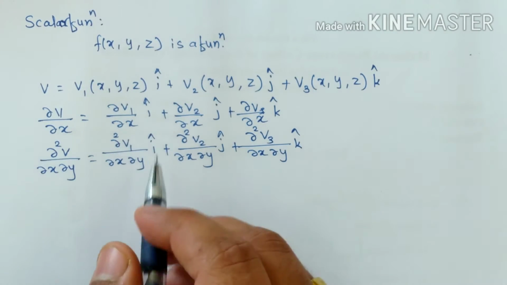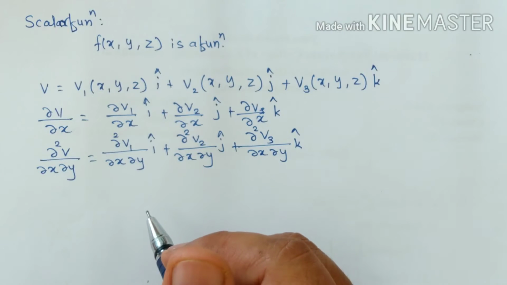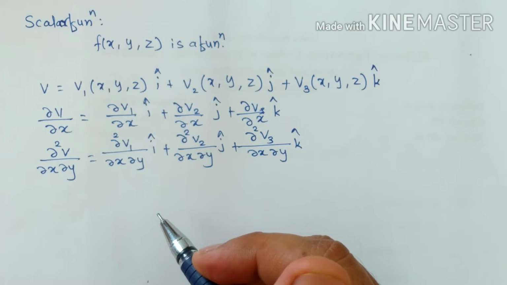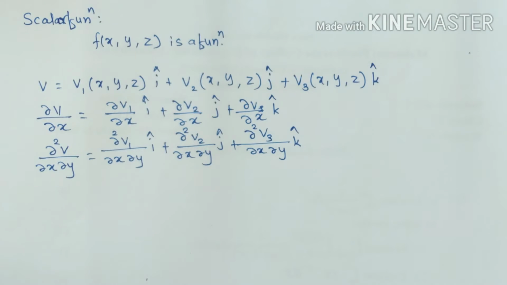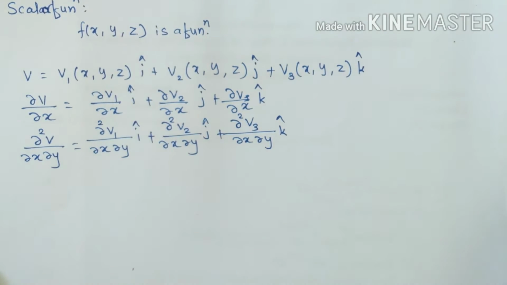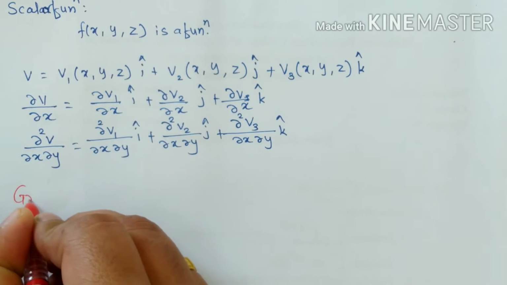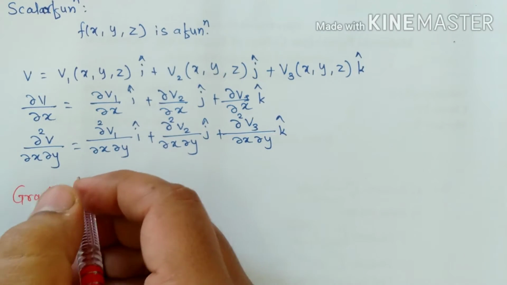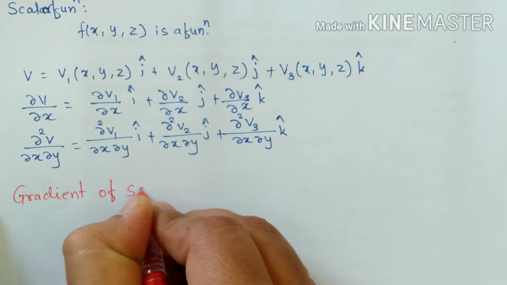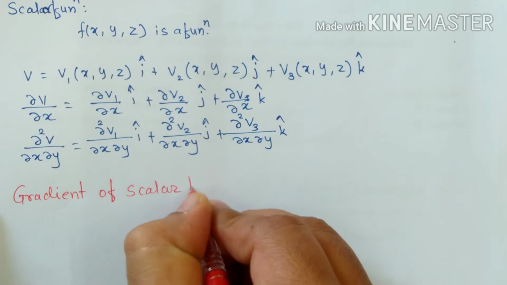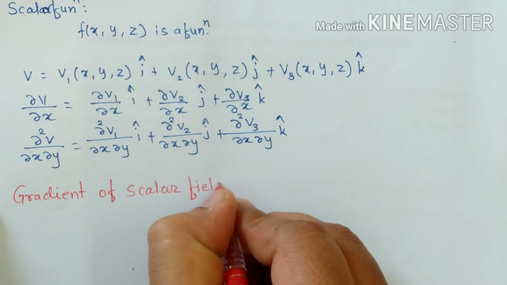Now what we are going to do is start directly with the gradient, which is the main objective of our first chapter. Gradient of a scalar field or scalar function.